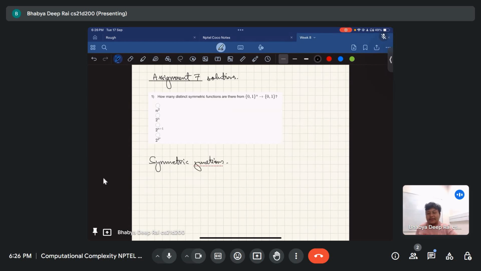Let me remind you what symmetric functions are.